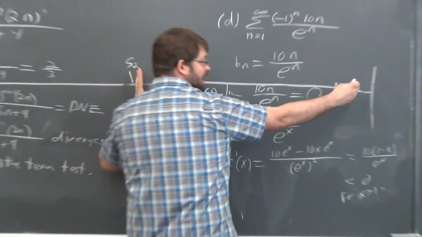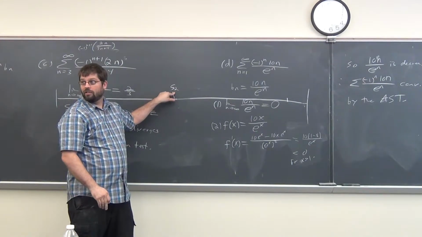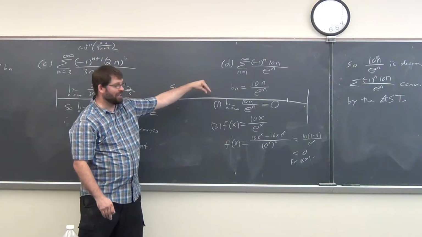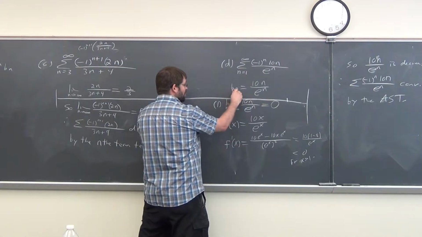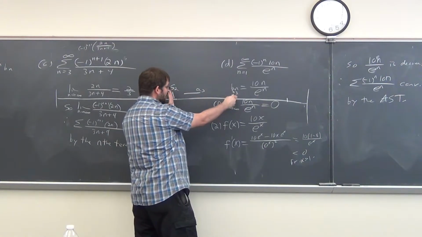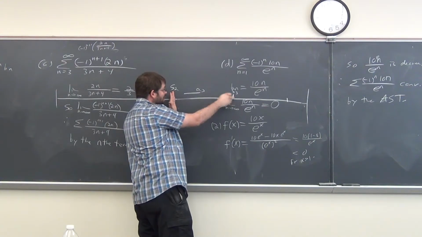It's somewhere in here, right? And so S2 is no worse than A sub 3 away from it, because S3 will be over here. That distance will be A3, right? And then we know the actual sum will be somewhere in the middle here.